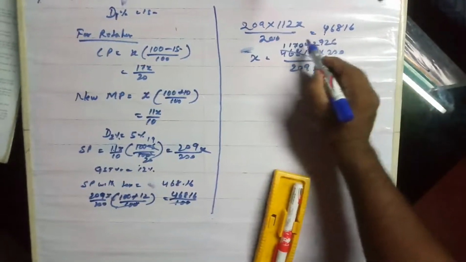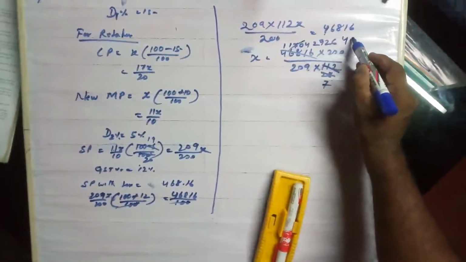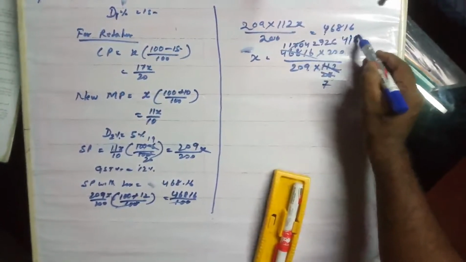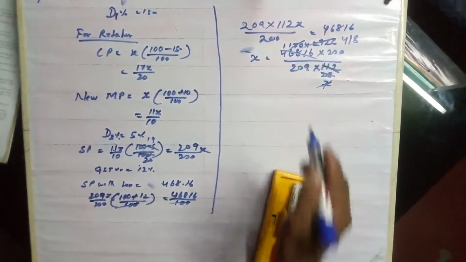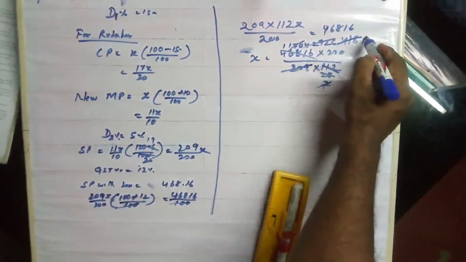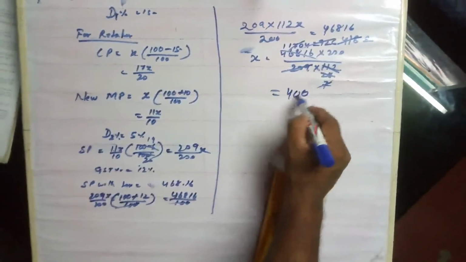Then the answer comes. Okay, I'm doing it by cancelling, 209 also cancels, 2 everything cancel. That means 400 is the answer.